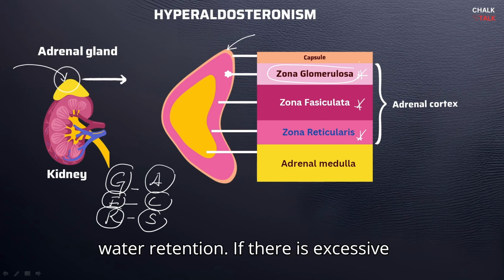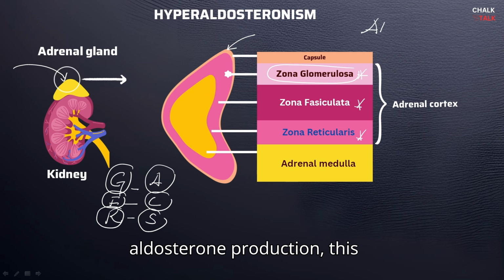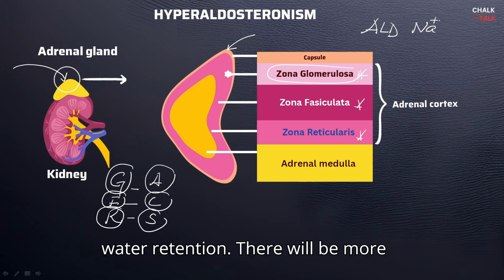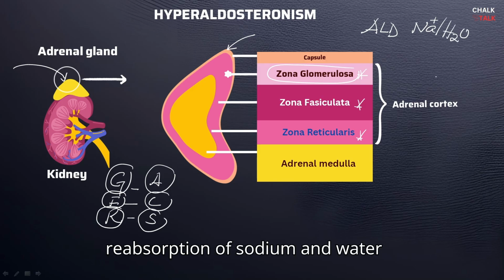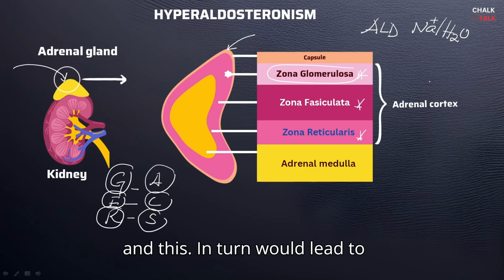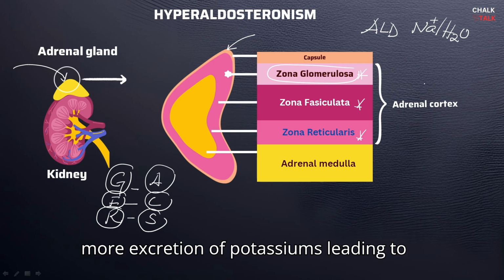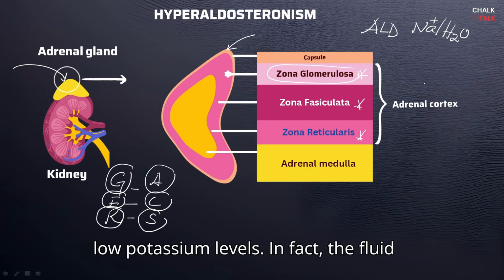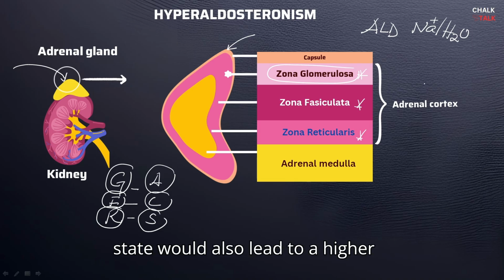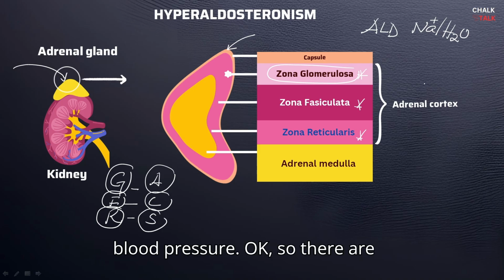If there is excessive aldosterone production, this would lead to excessive sodium and water retention. There will be more reabsorption of sodium and water, and this in turn would lead to more excretion of potassium, leading to low potassium levels. And in fact, the fluid state would also lead to a higher blood pressure.